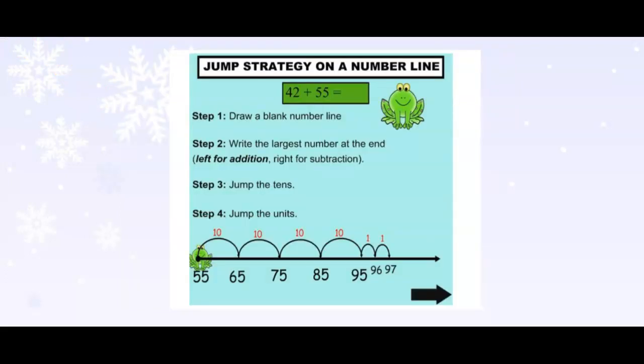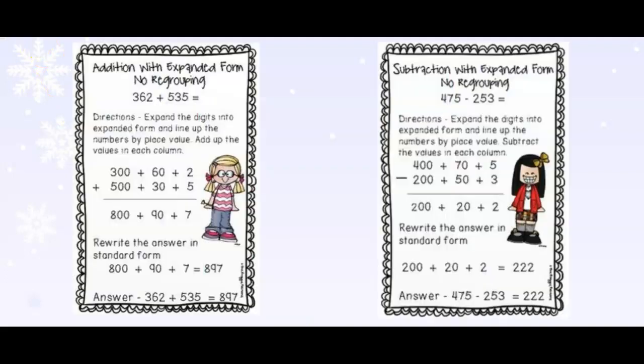Another strategy we've used to add and subtract is the number line strategy, where we can start from one of the numbers in the equation and jump the other number in the equation by ones, tens, and hundreds. The last strategy we've worked with is the place value strategy, where we pull our standard form numbers out into expanded form so that we can see our ones, tens, and hundreds.